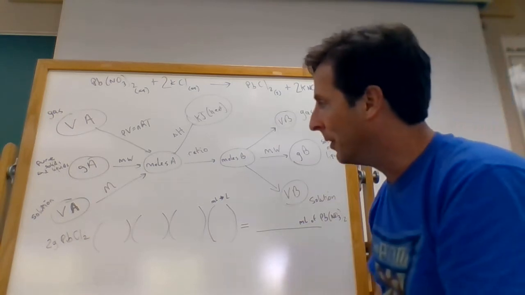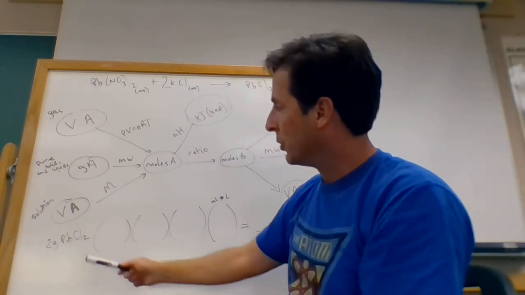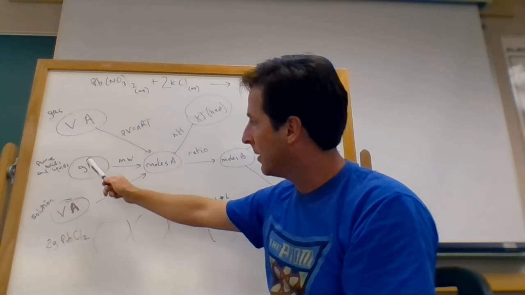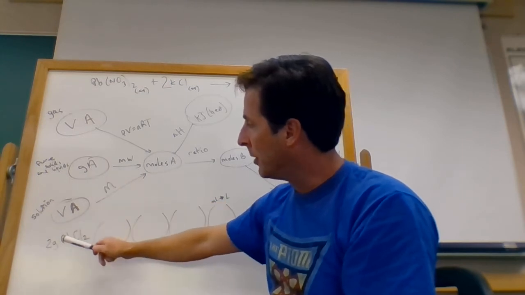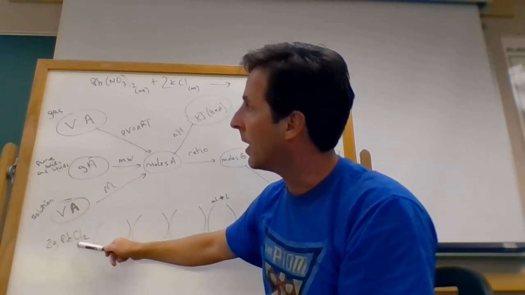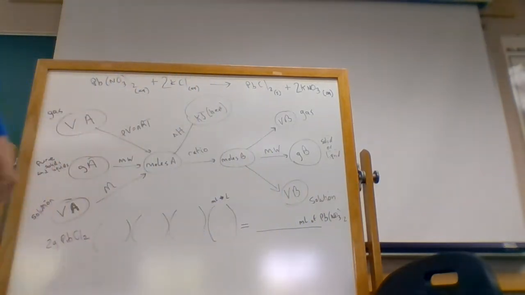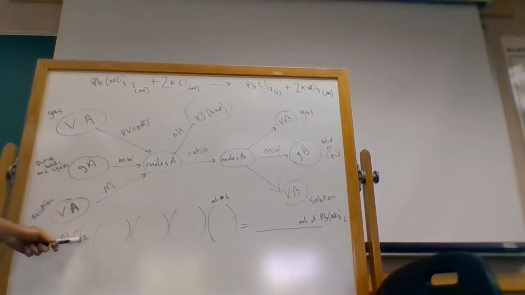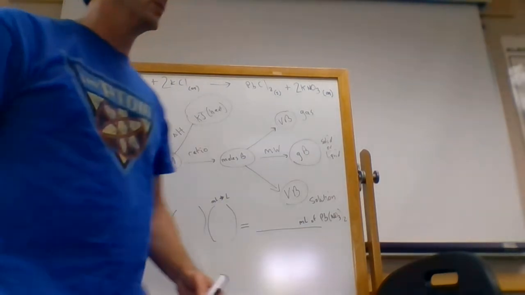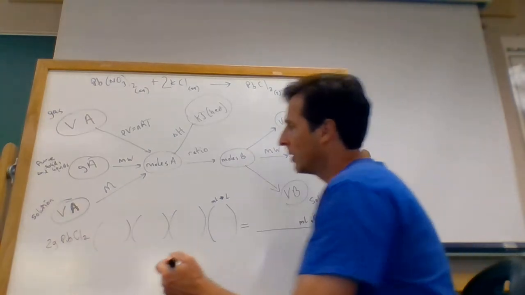All right, so let's just kind of work our way through. So I'm starting with the grams of lead chloride right here. So I have to get the molecular weight of lead chloride, which lead is 207.2, chlorine's 35.5, so 71 plus 207.2. It's going to be, I think, 288.